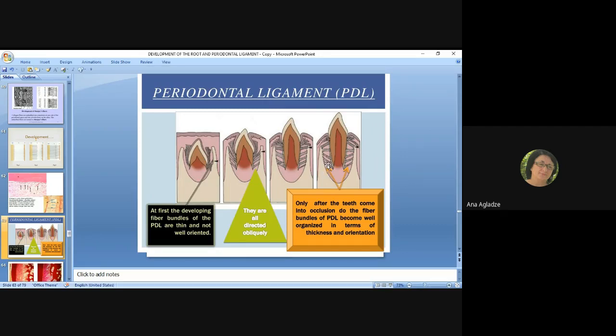Let's recap the structure of the periodontal ligament. The periodontal ligament is a tough connective tissue structure that is rich in fibers, cells, vessels, nerves, and ground substance. You know that other ligaments in the body are avascular, but the periodontal ligament is very profusely vascularized.